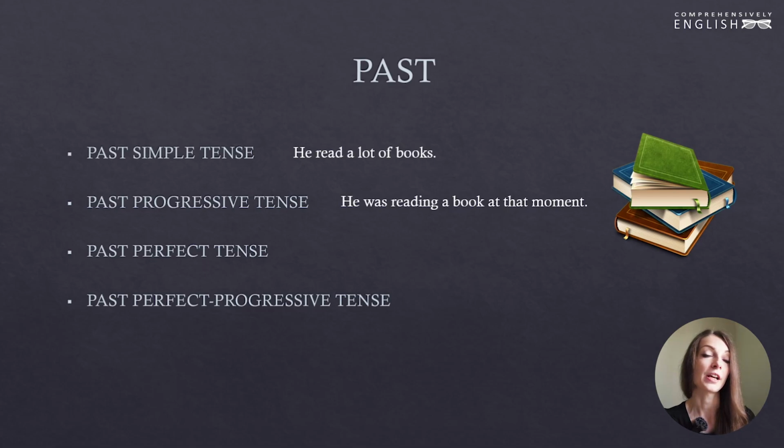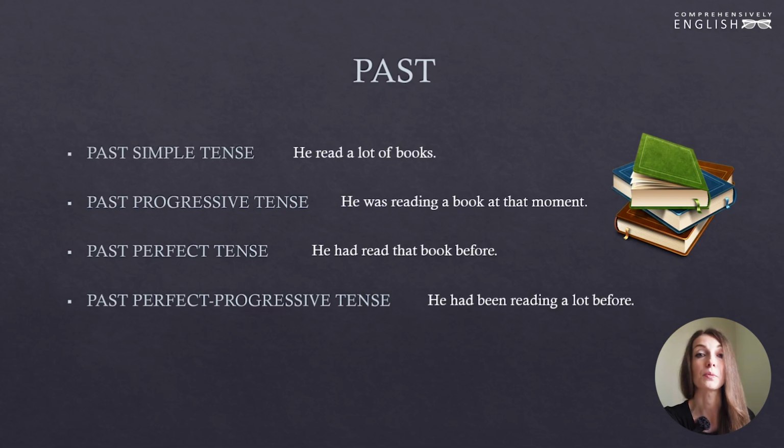The past perfect tense will help us say he had read that book before, that is, before another moment in the past. And the past perfect progressive tense helps us describe something that was going on in the past and preceded something else. He had been reading a lot before another moment in the past or before another period in the past. For example, he had been reading a lot before he got married.